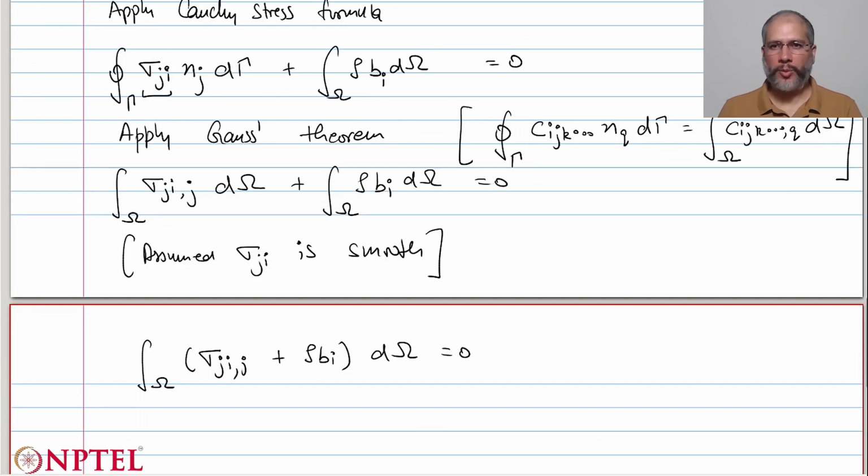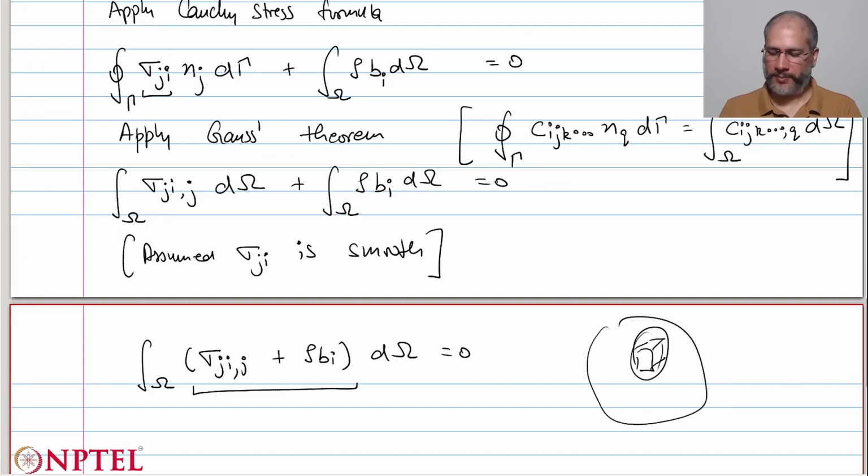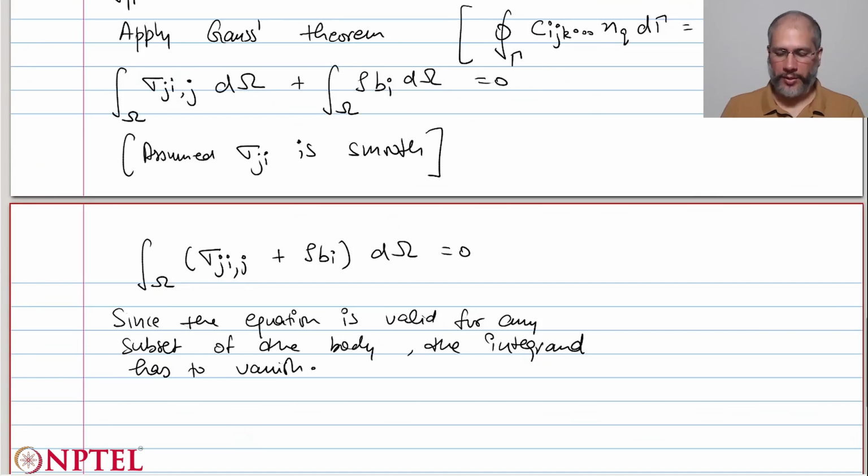In fact, I could take my omega in this body like this as the complete body. So what that would mean is that the integrand in this case has to be identically equal to 0 because the choice of omega is arbitrary. So the integrand has to vanish, that is, this quantity is 0.